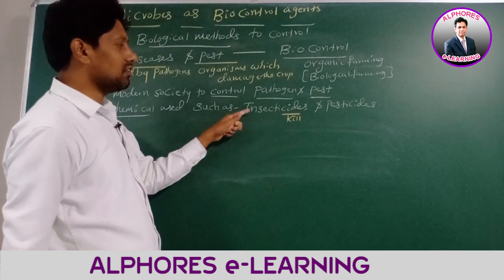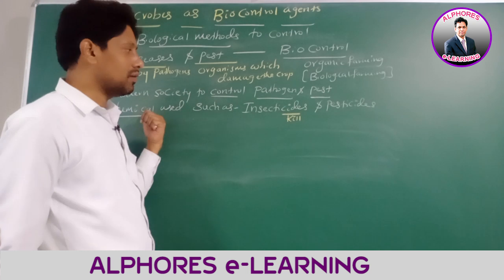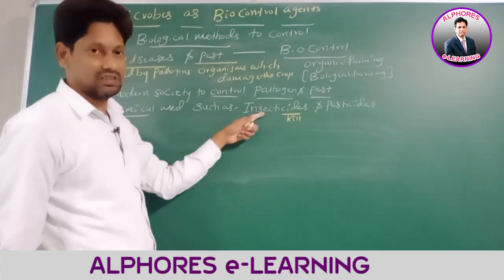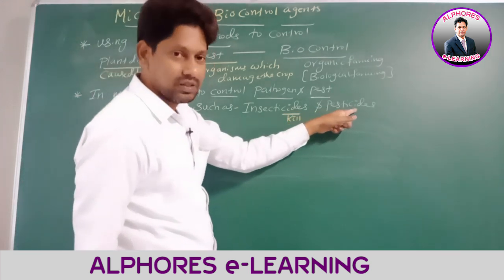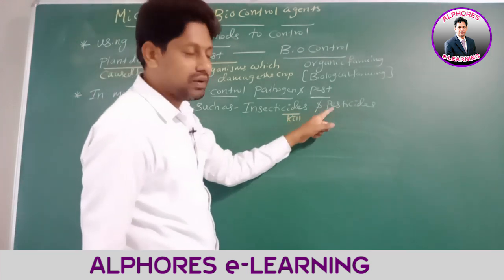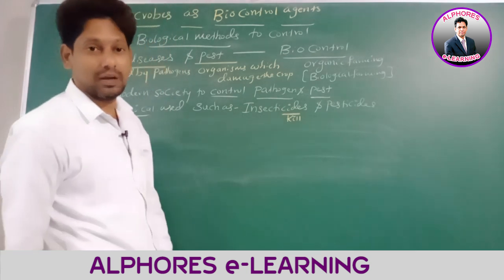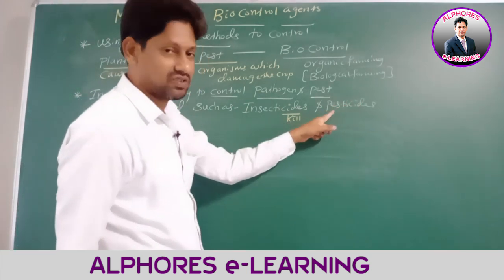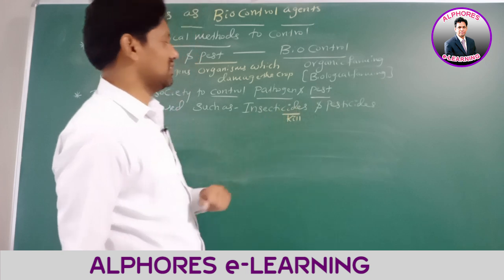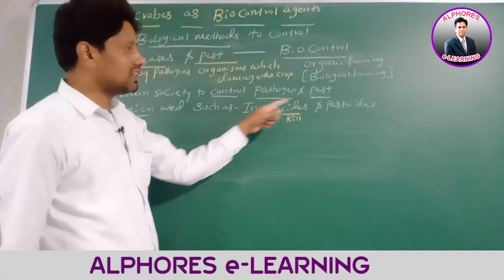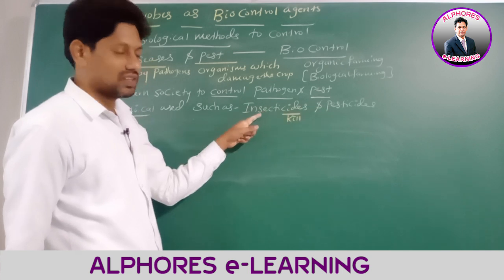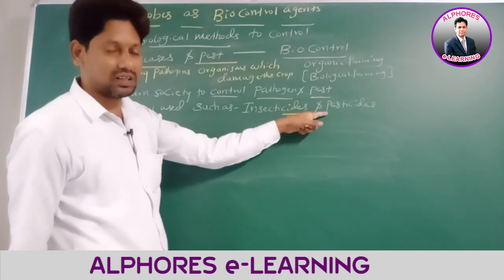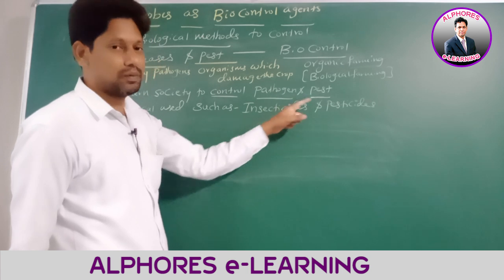Therefore, the chemicals which kill insects are called insecticides. Pesticides are the chemicals which kill pests. By using insecticides and pesticides, insects and pests are killed.